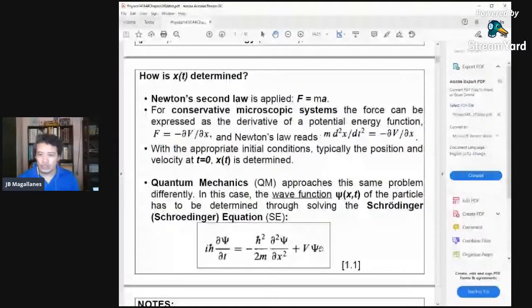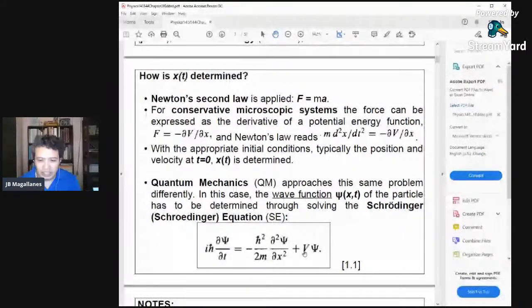The Schrödinger equation is just i h bar partial differential of psi with respect to time. This is equal to negative of h bar squared over 2m, second order partial differential of psi with respect to space, plus the product of the potential times the wave function.